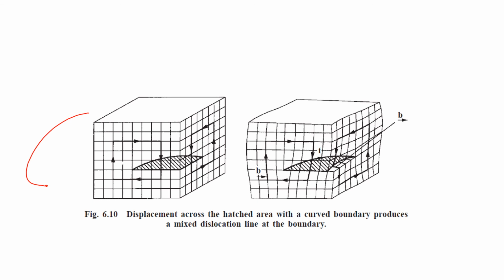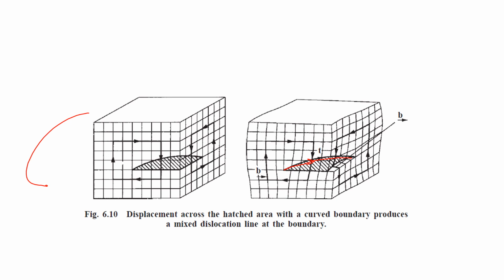See, it is actually like a curve. This is a curve type. That means the bottom portion of this area is moved inward. So there is an edge dislocation.